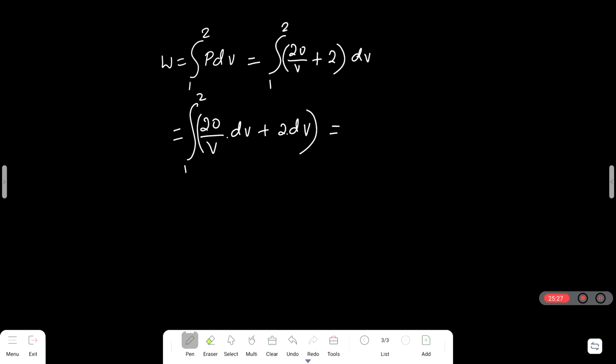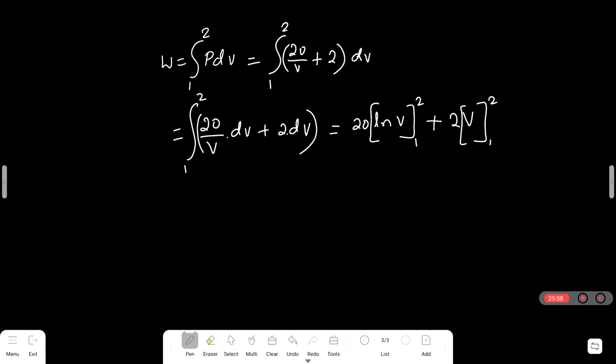Execute the integral equation. 1 by V dV. Excellent. So 20 natural log V between the limits 1 to 2, plus just dV between the limits 1 to 2.